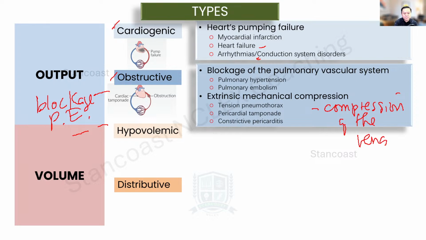Remember this when we talked about the tension pneumothorax, also the hemothorax. Because of the abnormal presence of the fluid or the air, it can push these important structures. The heart, it can also compress the vena cava. And so it can lead to a decrease in the cardiac output as well.